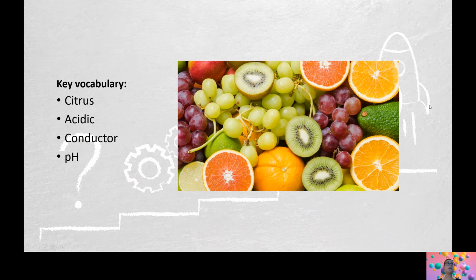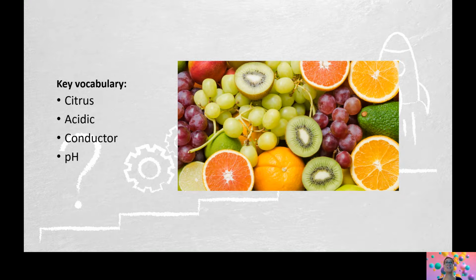Before we do that, let's learn some key vocabulary. Please repeat after me. Citrus. Citrus. I've shown you some examples of citrus fruit. So lemons and oranges, generally sour fruit, is citrus because it's acidic. It contains acid.